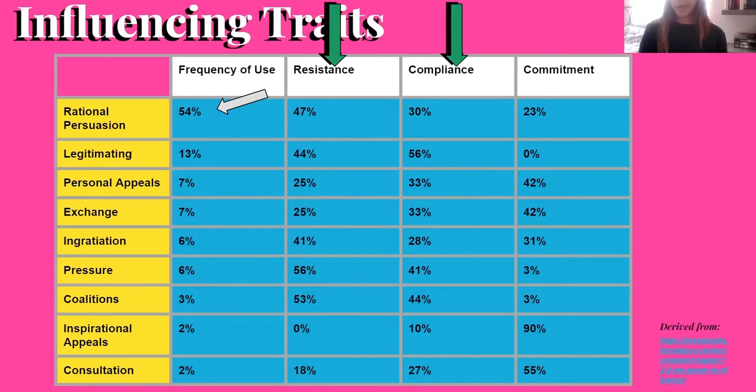Like if you're a kid and your parents tell you to do chores, you have to listen because of the power they hold over you, and mostly because of pressure, where you feel threatened that something might happen to your job. The last one is commitment, where you are on board and you are okay with what the influencer is saying. So that's mostly a positive reaction towards the influencer.